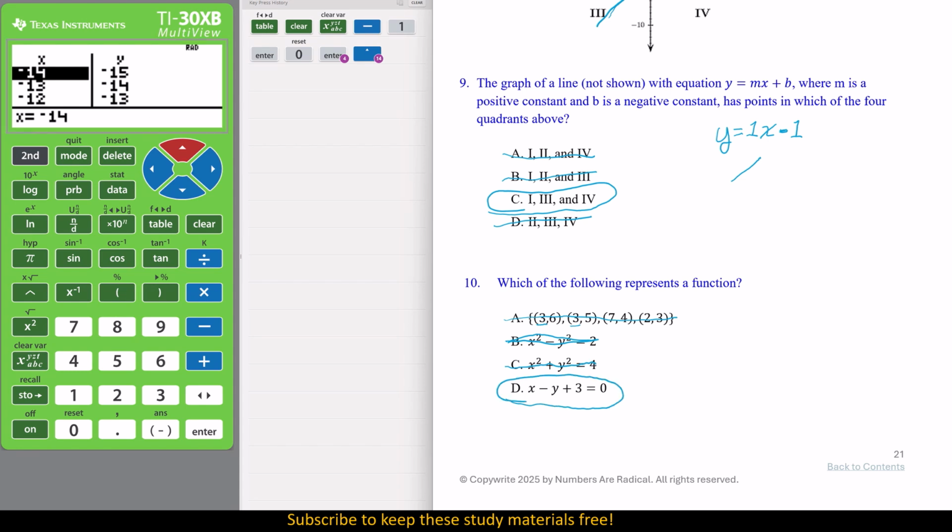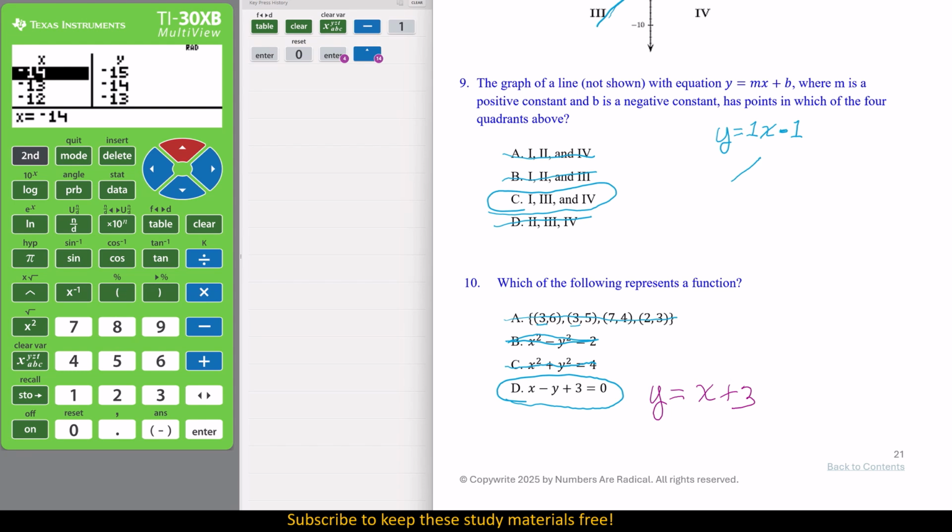Well, we could see that if we put this in y-intercept form, what do we actually have? Okay, here, we have y equals x plus 3.